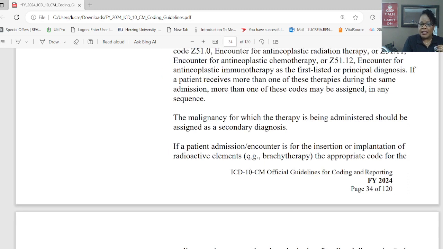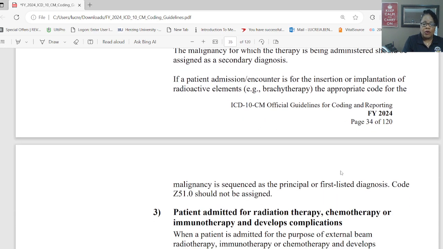And if a patient admission or encounter is for the insertion or implantation of radioactive elements, then the appropriate code for the malignancy is sequenced as the principal or first listed diagnoses, and then code Z51.0 should not be assigned. So again, this insertion or implantation of a radioactive element, when they're coming in for that, you still need the diagnoses to justify the procedure, which is implantation of radioactive element.